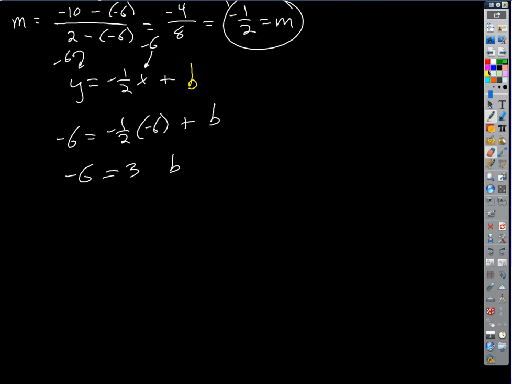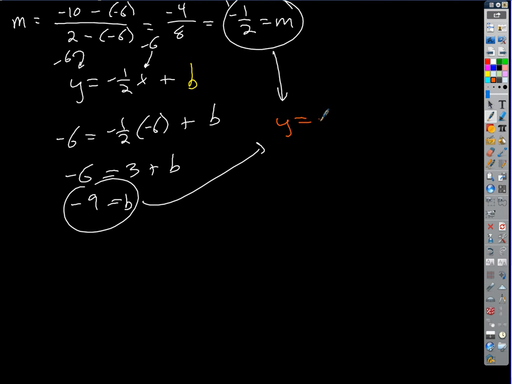So b equals -9. Well, now I've got everything I need to write my line. There's my m. There's my b. Right? You get the idea, okay?